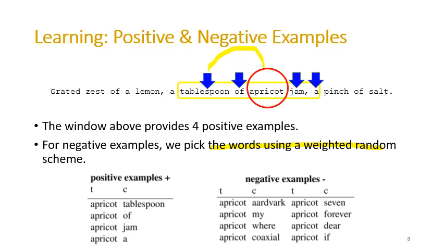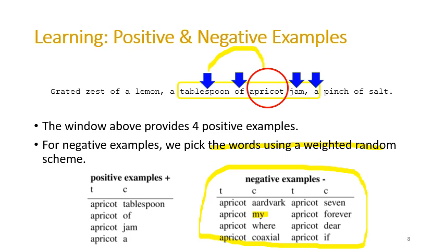So if a word like my appears a lot more in the dataset, it will have a higher probability to be picked here. But the point is, for the negative examples, you just pick other words from your vocabulary and label them as negative.